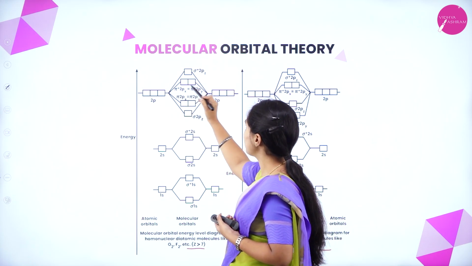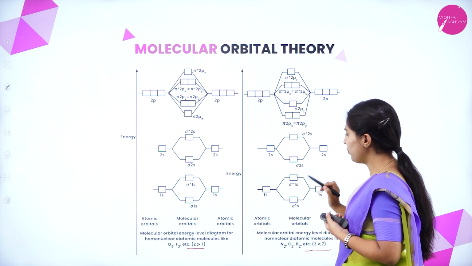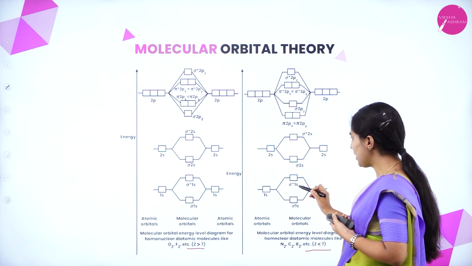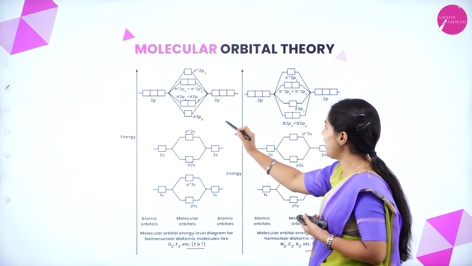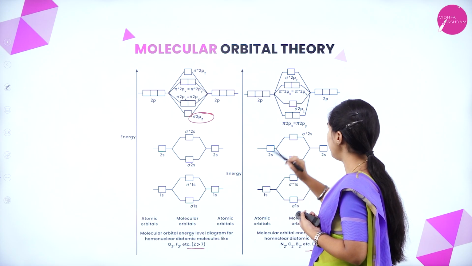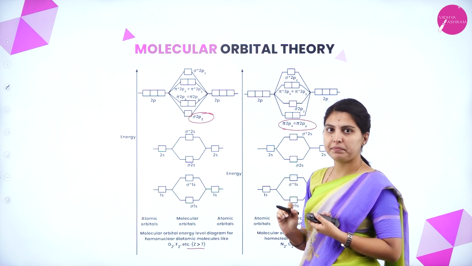This is 2px, 2py, next 2pz. But in the other one, sigma 1s, sigma star 1s, next sigma 2s, sigma star 2s, but at the place of sigma 2pz, the pi 2px will be equivalent to pi 2py.